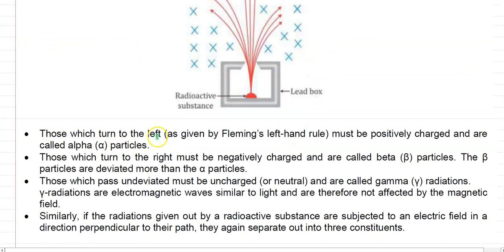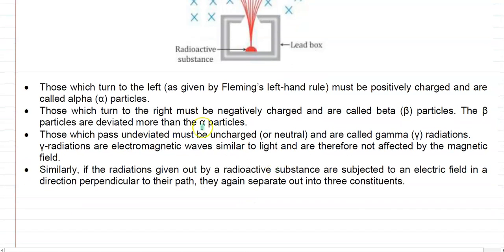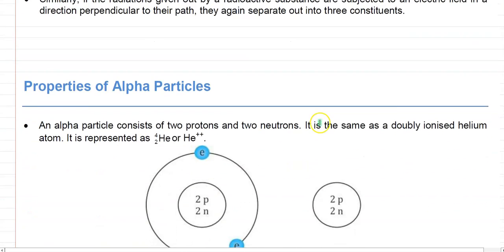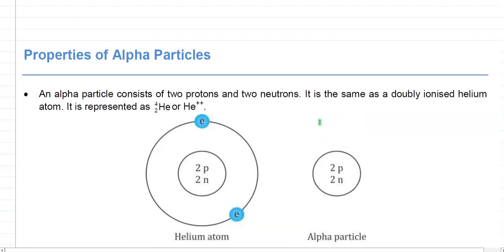Those which turn left must be positively charged and are called alpha particles, and those which turn right must be negatively charged, called beta particles. Those which were not deviated must be uncharged or neutral, called gamma radiation. Gamma radiation is an electromagnetic wave similar to a light wave, but it has very high frequency and very high penetrating power.